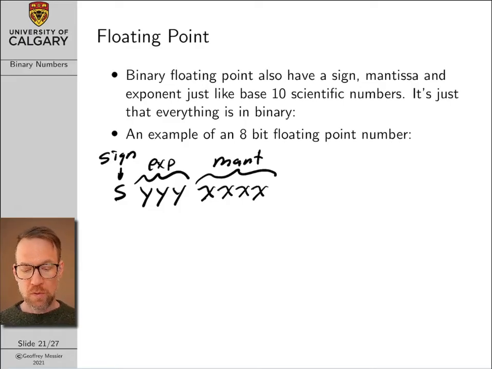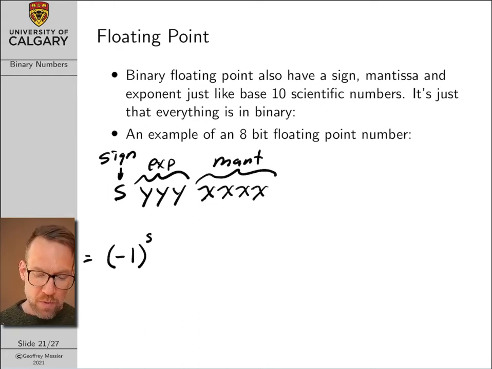And we'll talk about that a little bit more as we get into this. If we were to calculate the base 10 value of the number represented by this binary floating point, it would be equal to -1 raised to the exponent of s. So if s is 0, we have a positive number. If s is 1, we have a negative number. We then multiply that sign by the value of our mantissa.